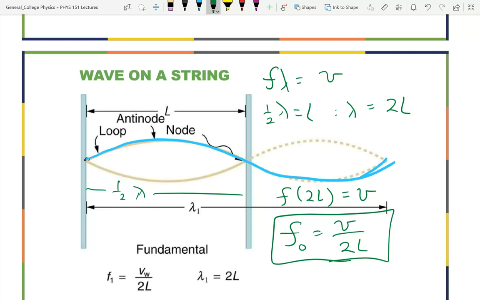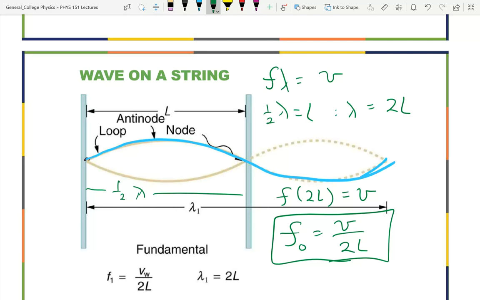Now for a wave on a string, I was going to work this out in the calculus-based class today, but that was the part we didn't get to in the lecture. It turns out that the wave speed on a string is equal to the square root of the tension divided by the mass per unit length.